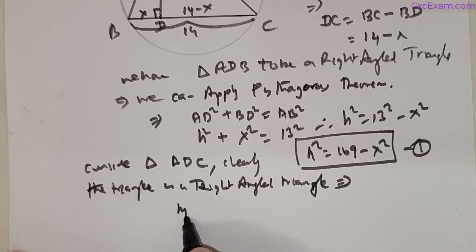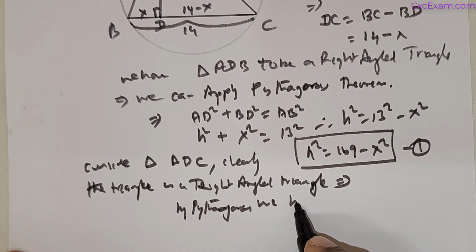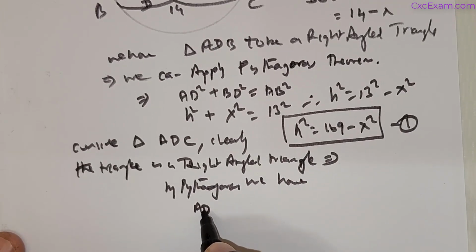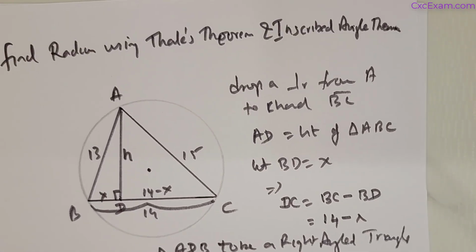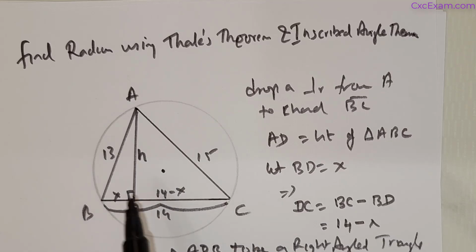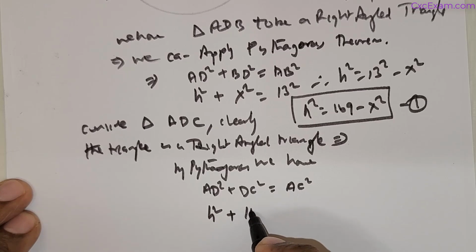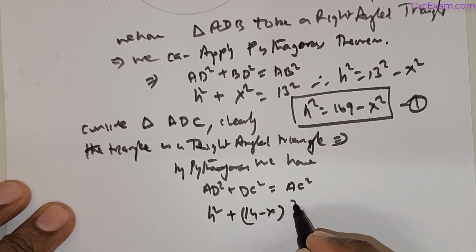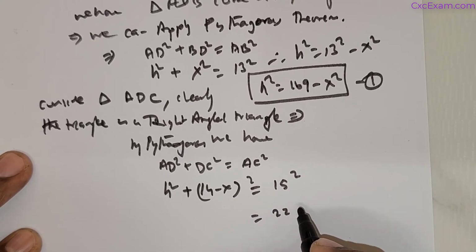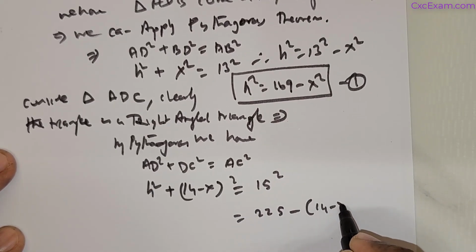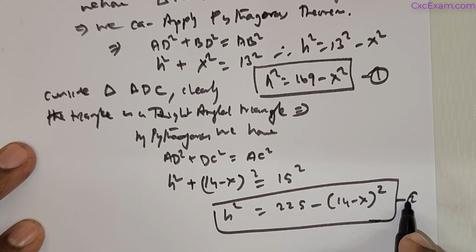So this means by Pythagoras, AD squared plus DC squared is equal to AC squared, right? AD squared is H squared, DC squared is 14 negative X the whole squared, and AC squared is 15 squared. So this is 225 negative of 14 negative X the whole squared is equal to H squared. I take this as 2.